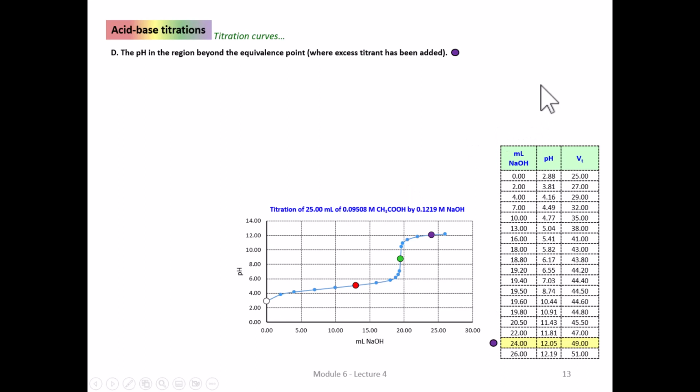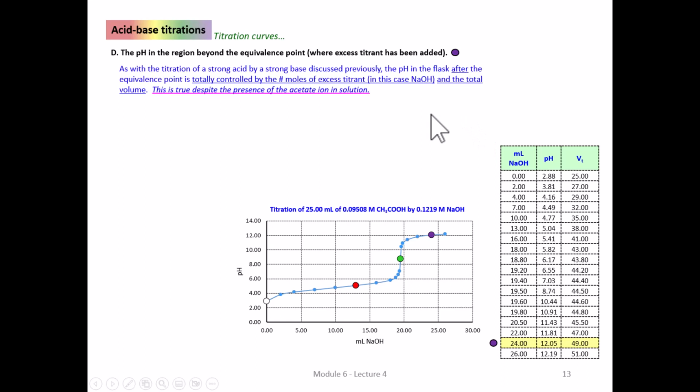Well, how about in the region beyond the equivalence point? In other words, once we reach the equivalence point, we go past it, we keep adding increments of sodium hydroxide. Well, as with the titration of the strong acid by the strong base, after the equivalence point, we've totally destroyed the acid that was there, and so everything is controlled simply by the excess sodium hydroxide that's being added.